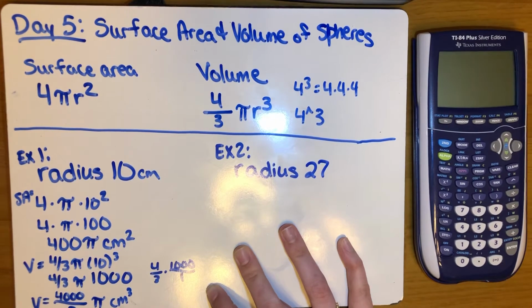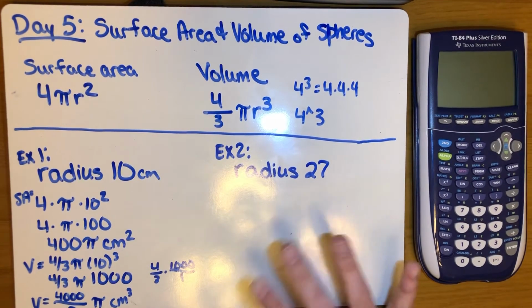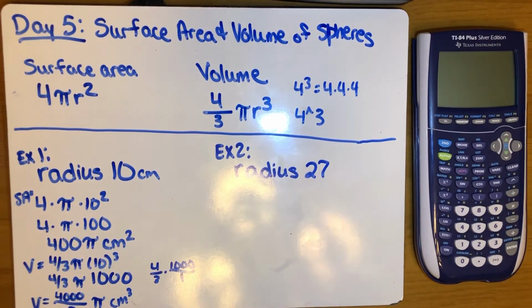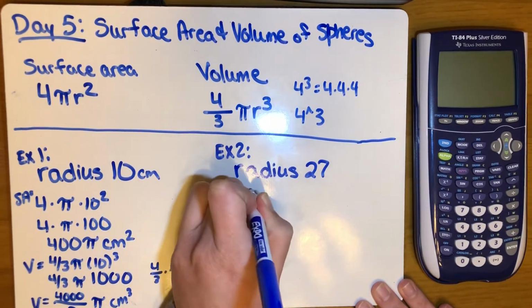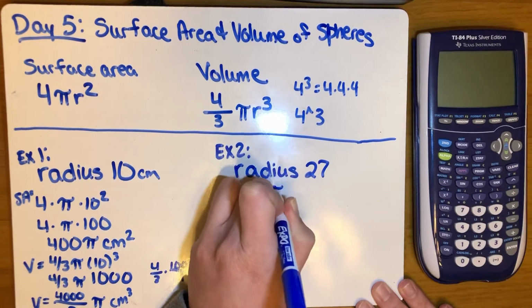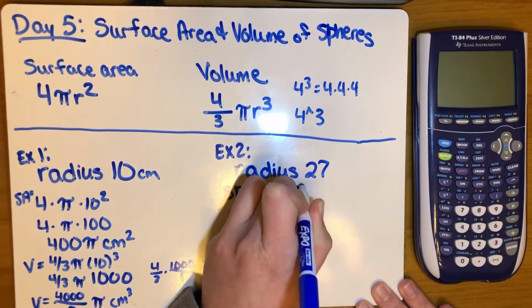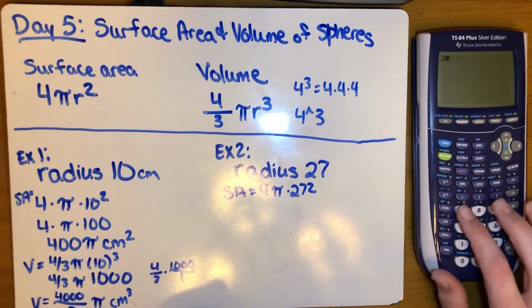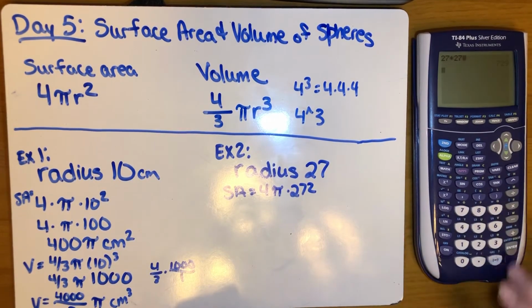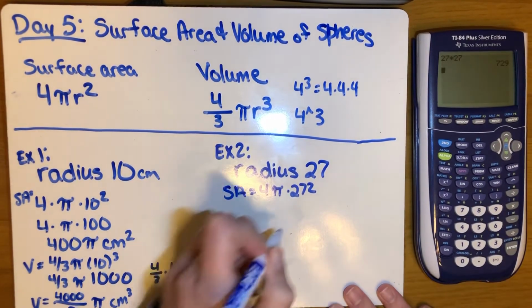So let's look at one that's a little bit different, where the radius is 27. Still the same basic process for surface area. I'm going to do 4 pi times my radius squared, so 27 squared. 27 times 27 is 729.